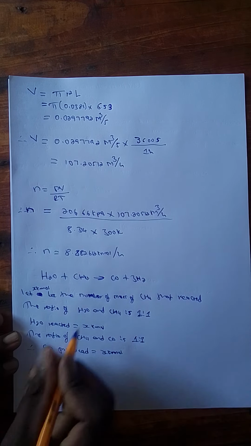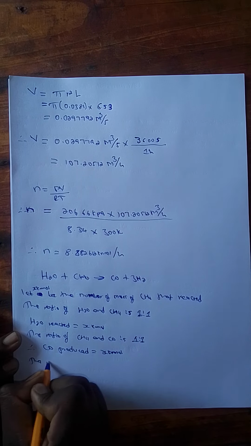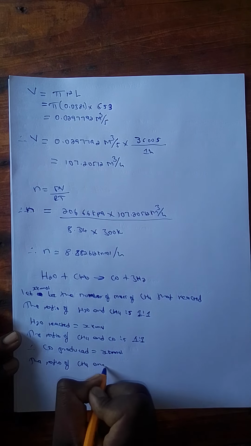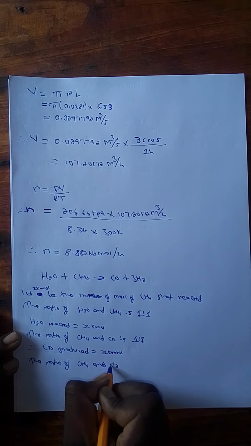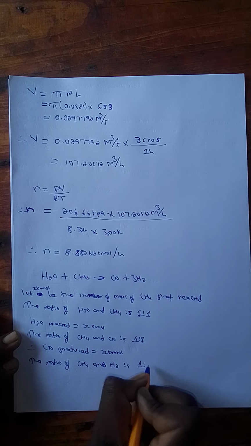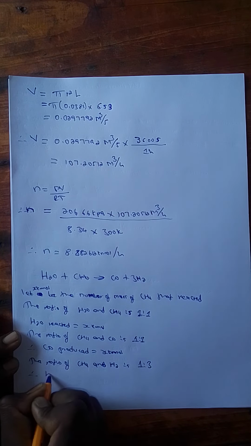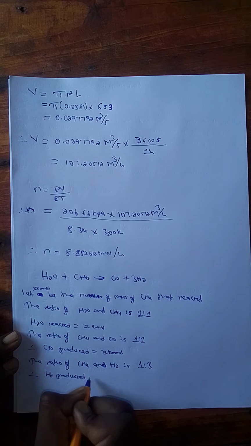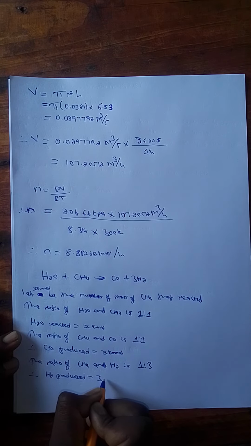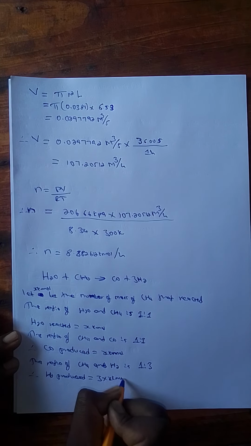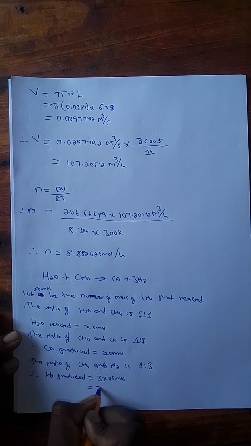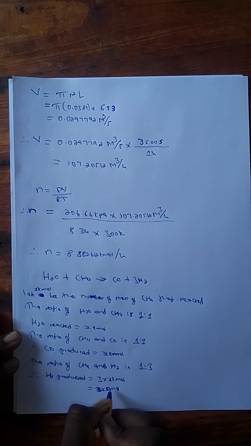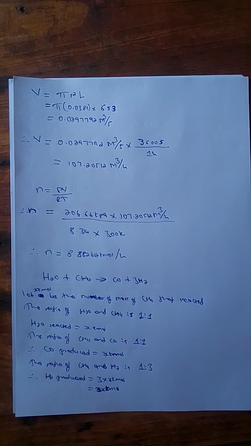Now, in the same light, we can go to the hydrogen and say the ratio of CH4 and H2 is 1:3. Therefore, H2 produced is equal to 3 times X kilomole, which is 3X kilomole. So this is actually the principle.